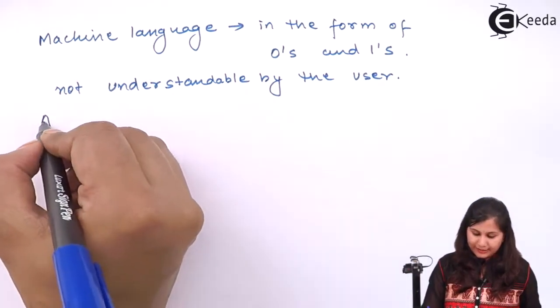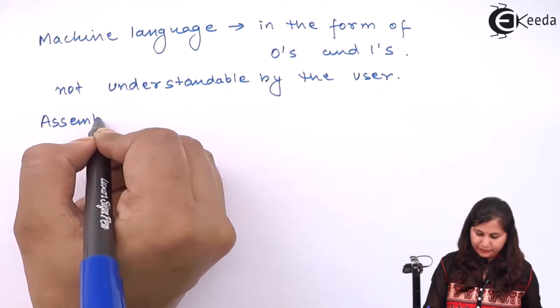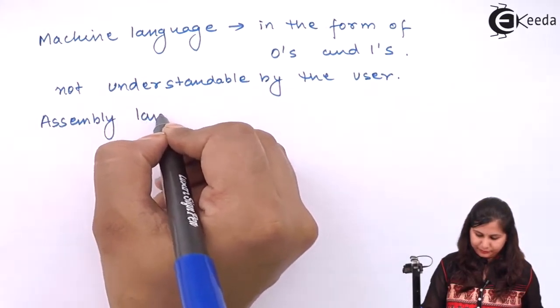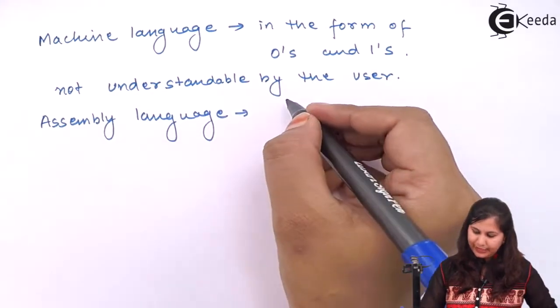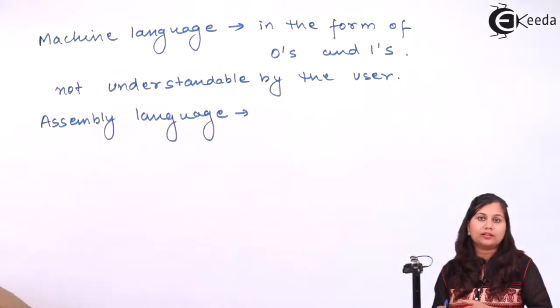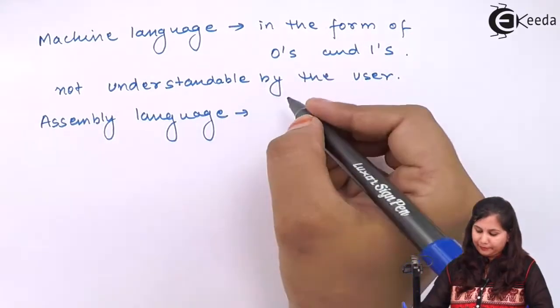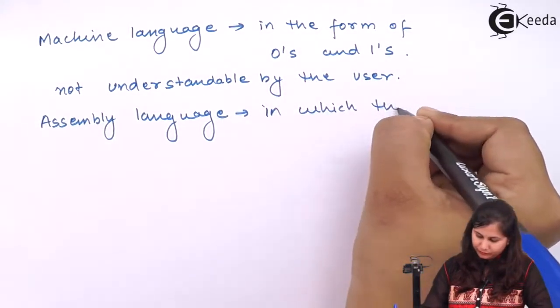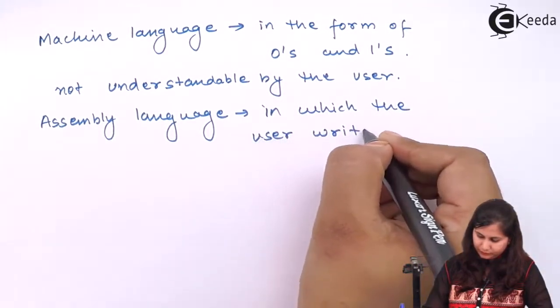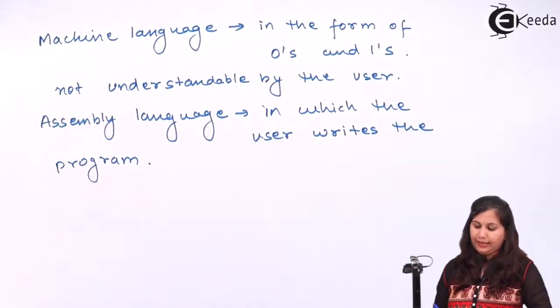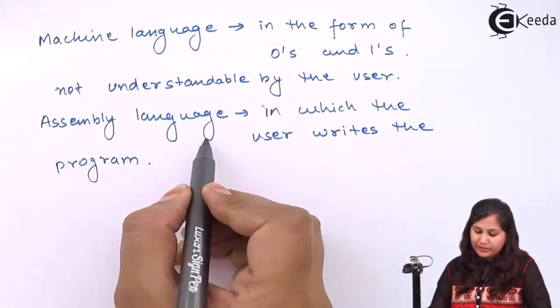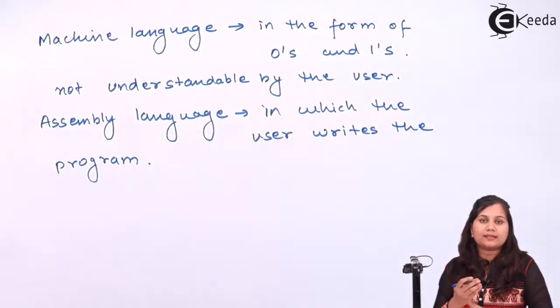Then we have the assembly language. Assembly language is the language in which the user writes the program. And this language uses a code for each instruction, and this code is known as mnemonics.